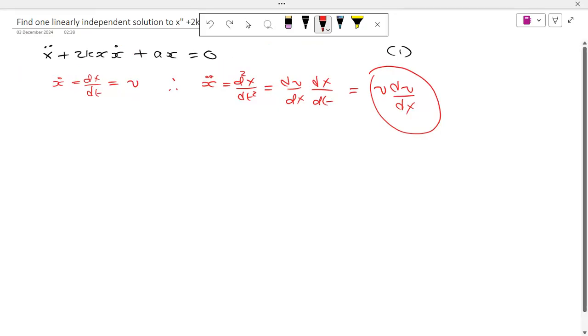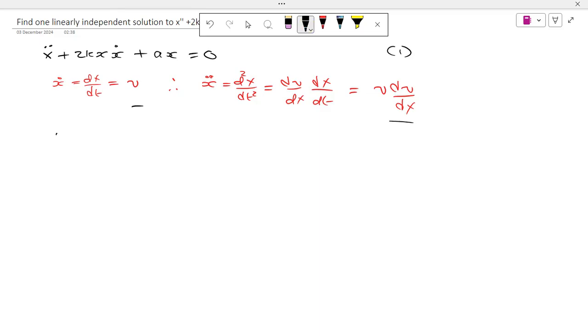So let's go ahead and start to solve this equation. If we substitute this and this into equation 1, we have v dv by dx plus 2kx times v plus ax equal to 0, and we'll call this equation 2.